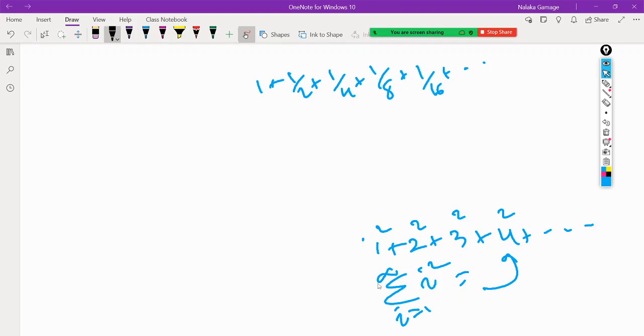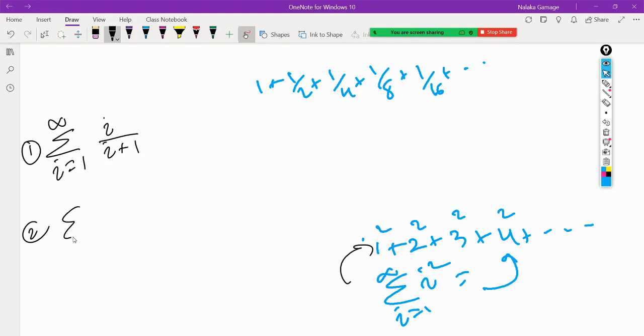I am going to give you the sequence in this notation. You have to write it this way. That means you have to write at least 3 or 4 terms. Okay, so this is my first one: sigma I equal 1 to infinity, I divided by I plus 1.